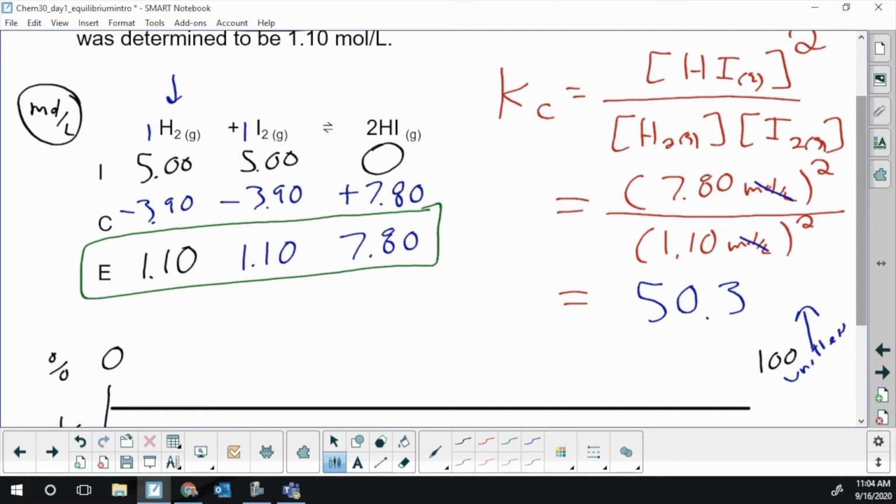What would you get if you had all products and no reactants? Undefined is one of the 3 ways that you could express it. If you try this in your calculator, you're going to have a 0 down here. If you put a 0 in there, your calculator is going to say undefined.